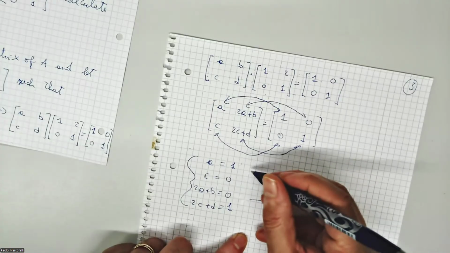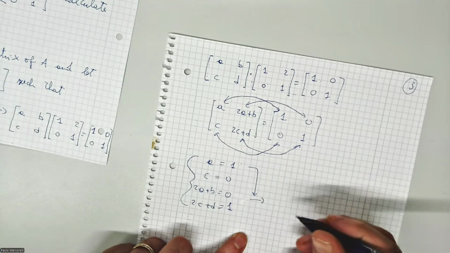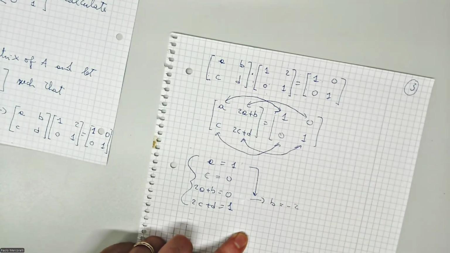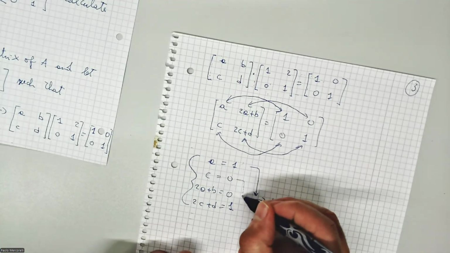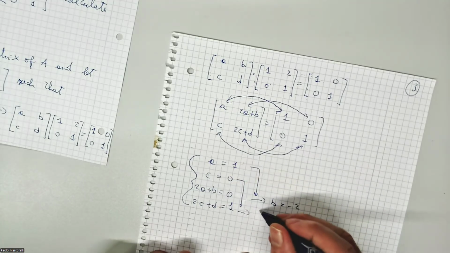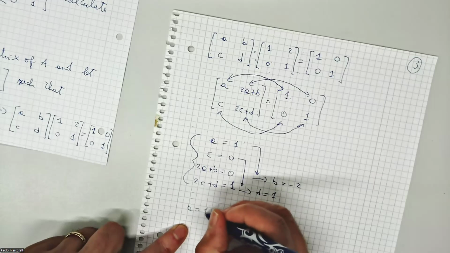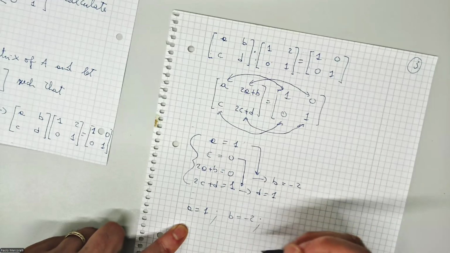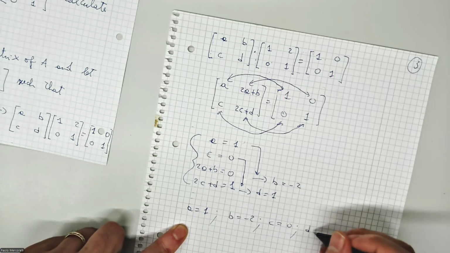From the first one, let me sketch. Did you agree? Considering here, we have D equal 1. At the end, we have A equal 1; B equals minus 2; C equals 0; D equal 1.